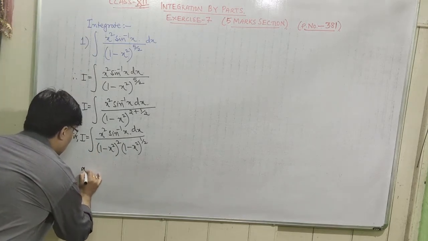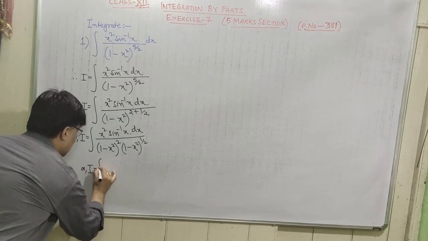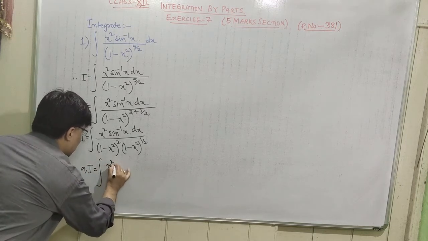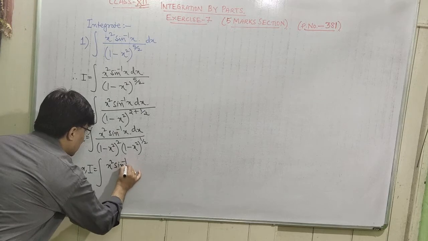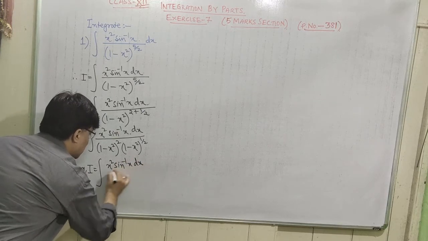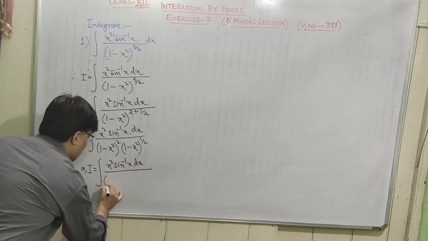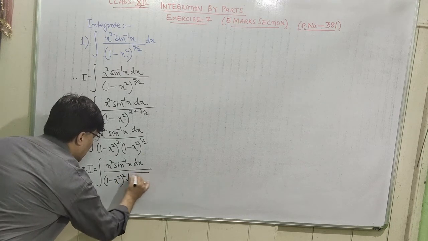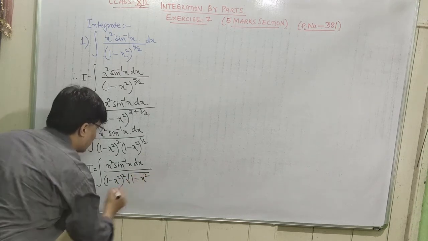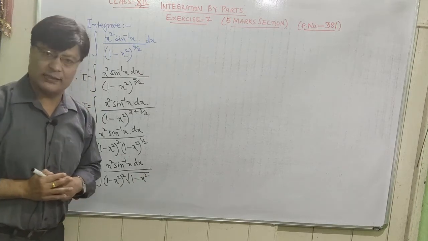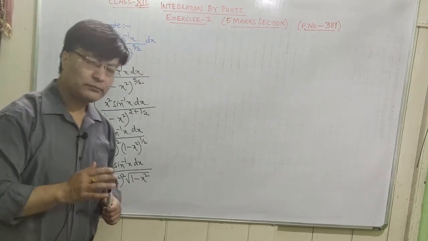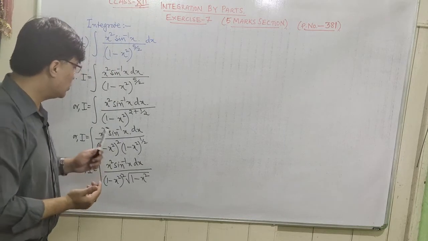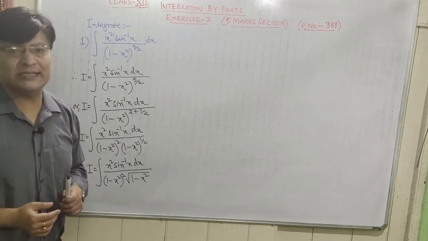So in the next step, I is equal to the integral of x square sin inverse x dx divided by (1 minus x square) whole square, and now this is root over 1 minus x square.